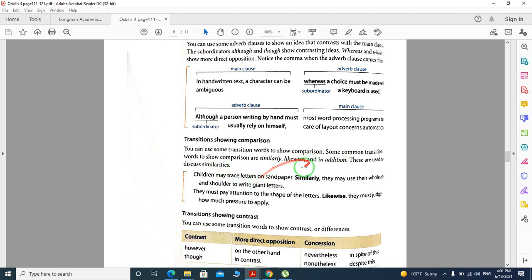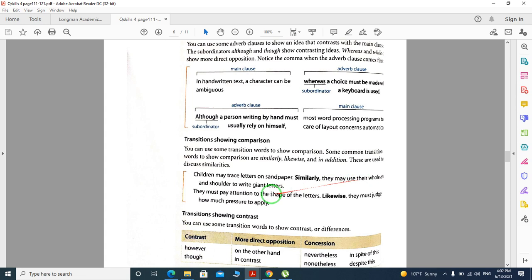So you can use these transitions in order to show comparison. Children may trace letters on sandpaper, and similarly, you should put a full stop here. Now this similarly shows the connection between these two sentences, and the connection is that this sentence is similar to the other sentence.